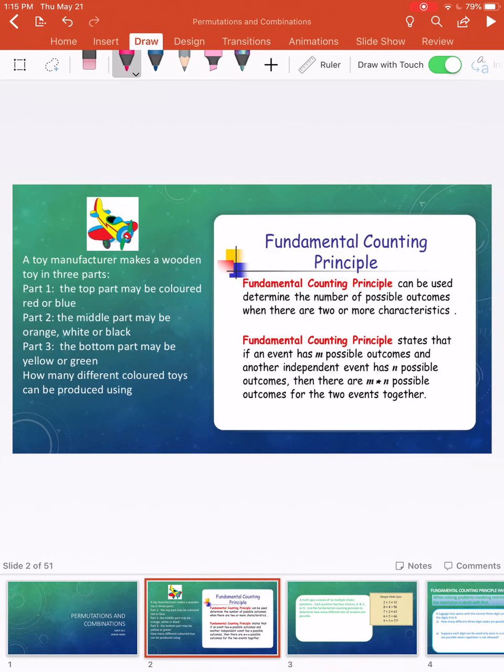Part 1, I can have red or blue. Part 2, I can have white, orange, or black. And then part 3, we can have yellow or green.